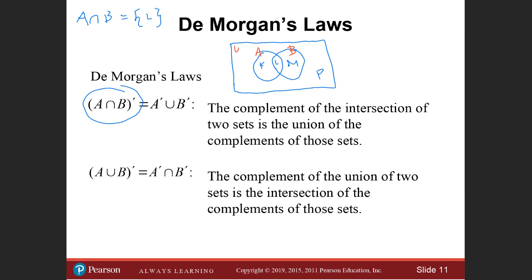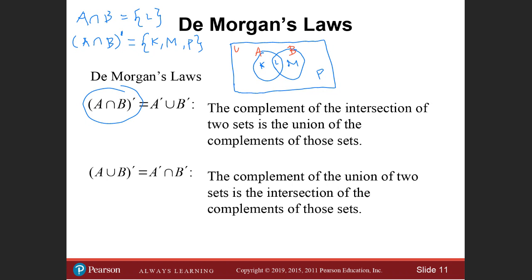So you're looking at the complement of A intersection B. The complement should be outside that L. And the outside of L, looking at the example, the elements would be K, and we still have M, element M, and then element P. So this is the complement of A intersection B.